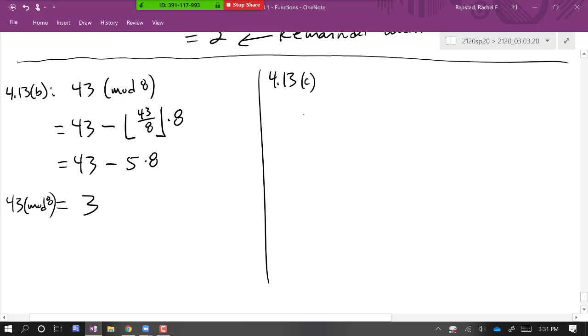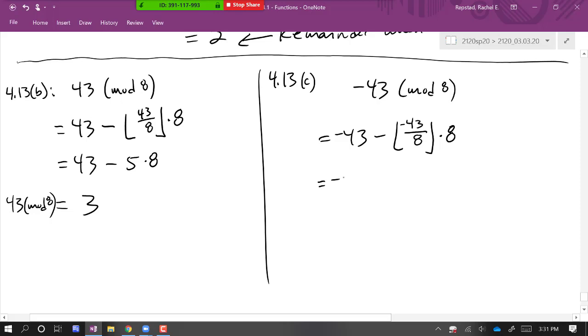4.13 part C. Let's find negative 43 mod 8. So this says I'm going to take negative 43 and subtract negative 43 over 8 with the floor function applied, times 8.